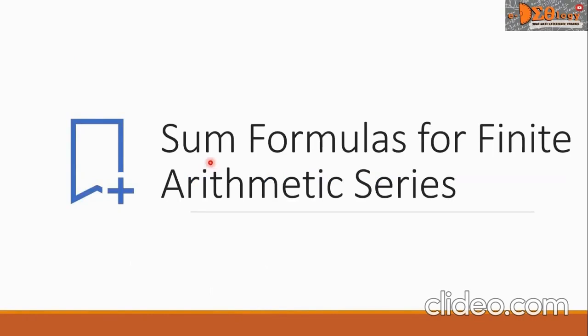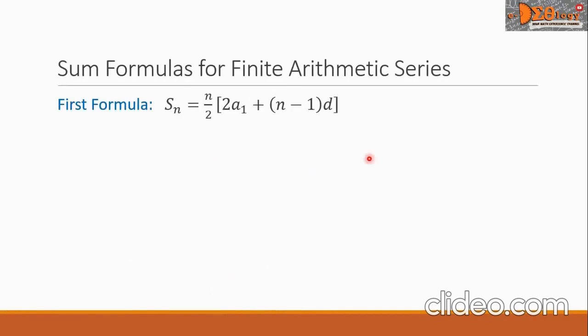Let's go now to the sum formulas for finite arithmetic series. We have the first formula, and it's written as S sub n equals the fraction n over 2 times the quantity 2 times a sub 1 plus this binomial n minus 1 multiplied by d.